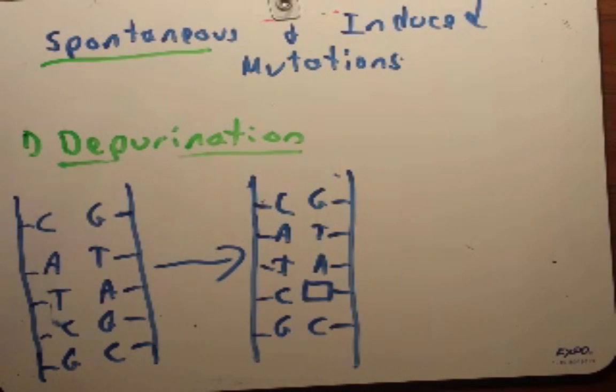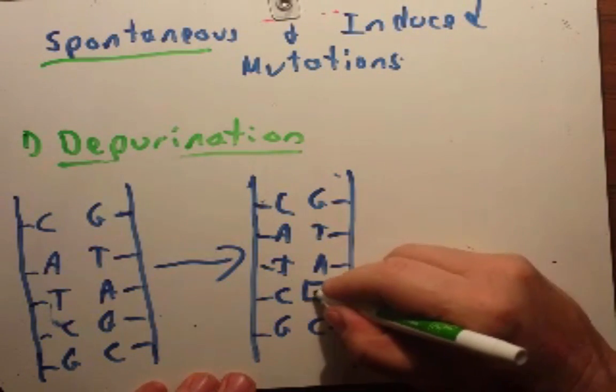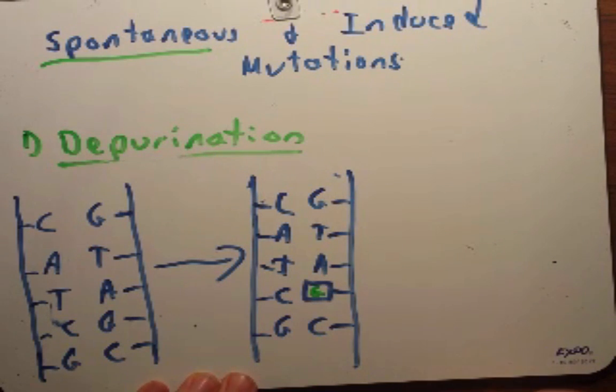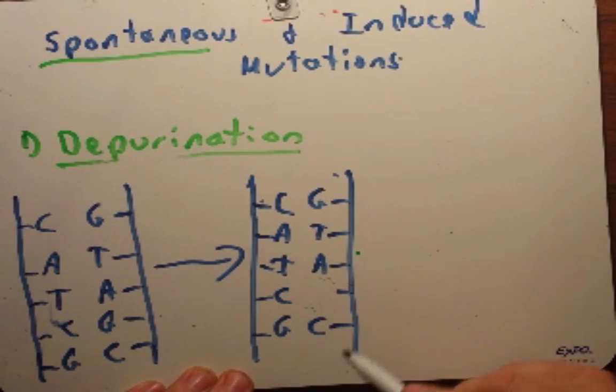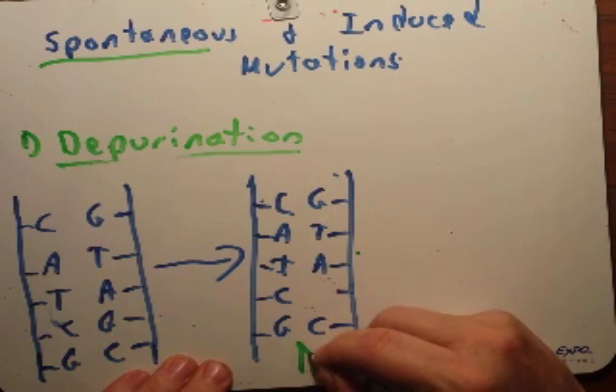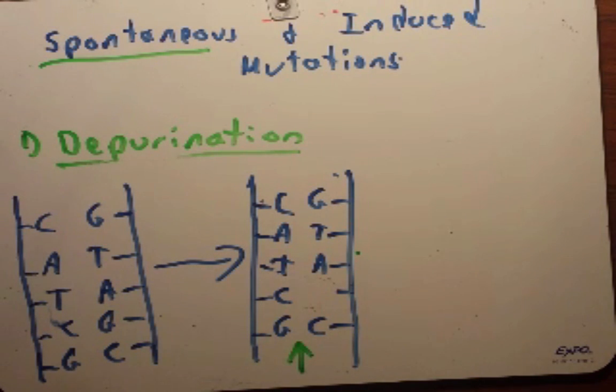Now, fortunately, usually what happens is this is repaired and a G is placed back in here before it's replicated. However, sometimes it's not fixed. Now, if it's not fixed, what happens? Well, the problem comes when this begins to be replicated. This half here on your left is replicated fine, because remember, through semi-conservative replication, we use each half as a template.